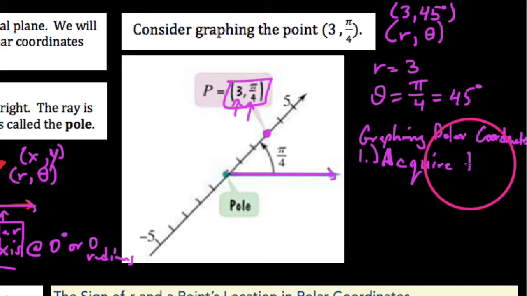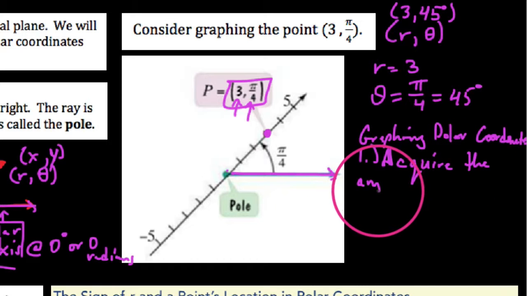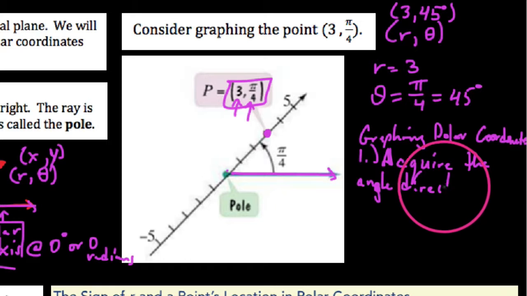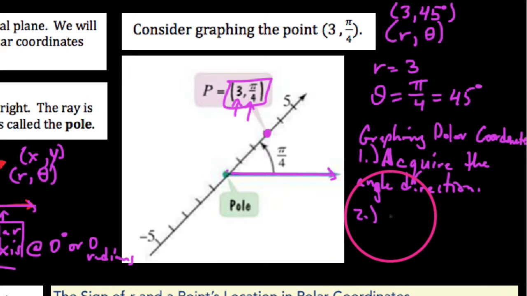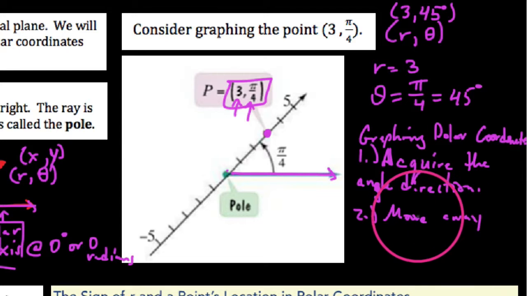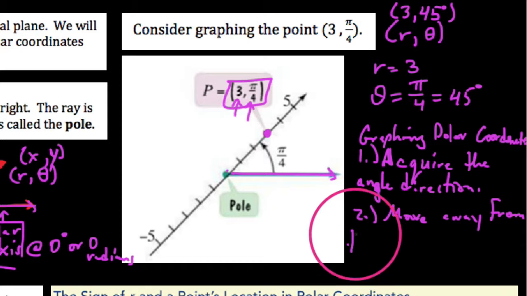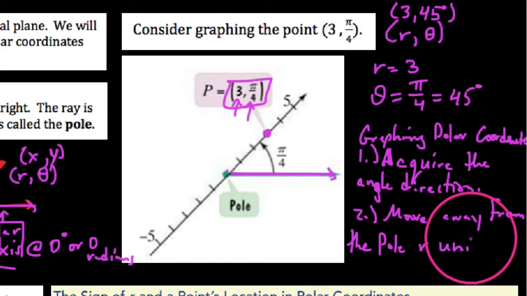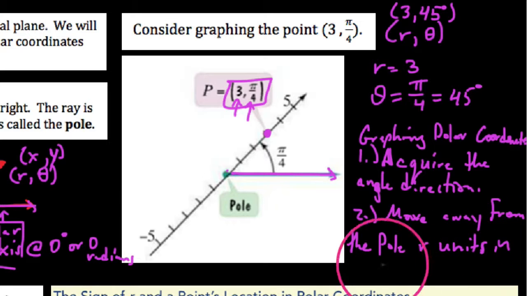Acquire the angle direction. What we want to do is just figure out what direction we're heading in. And then move away from the pole the appropriate units in the appropriate direction.